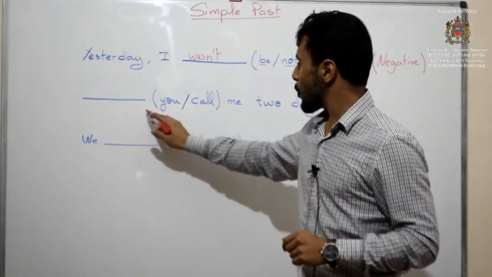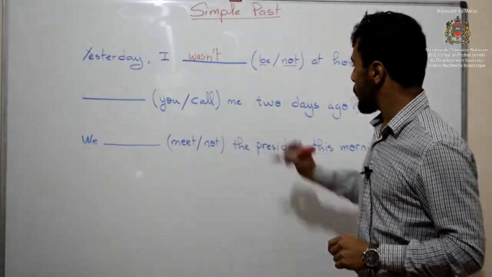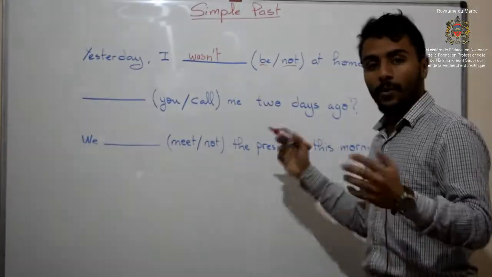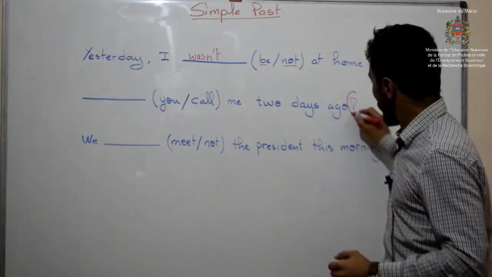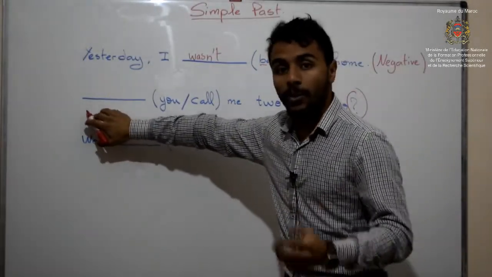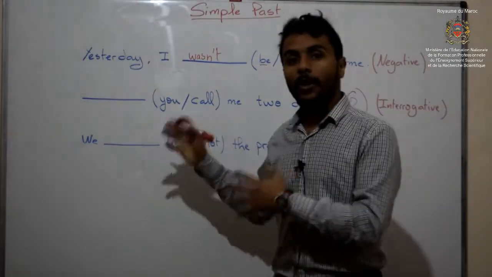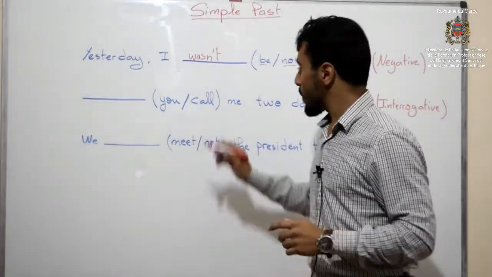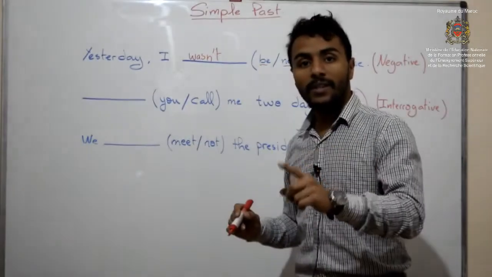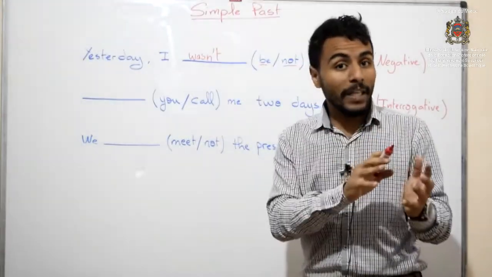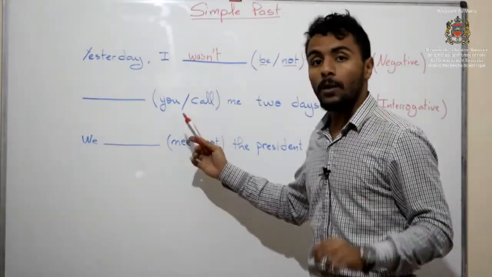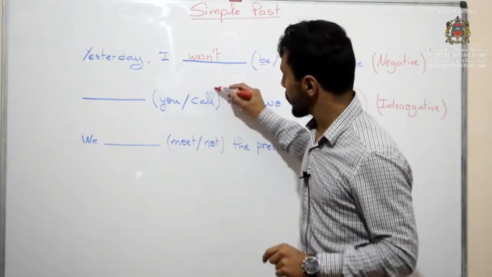Number 2, you call me 2 days ago. Now 2 days ago, of course, is the past, and you have a question mark because we're going to start with the verb. So this one is interrogative. So what you're going to do is always see the verb. Is it regular? Is it irregular? Is it the verb to be? Now we have call, regular verb.